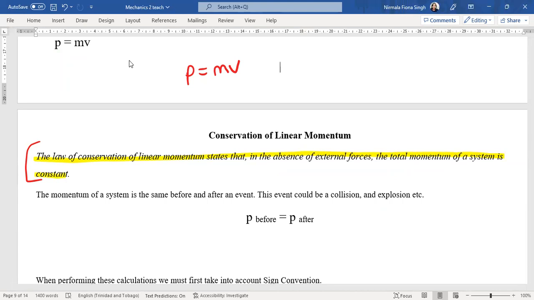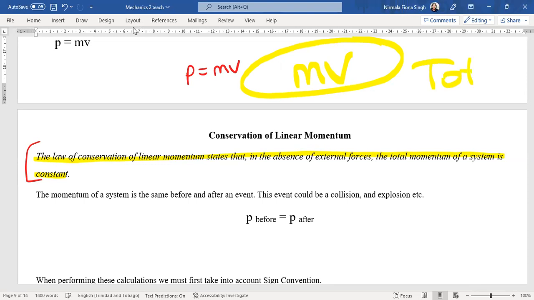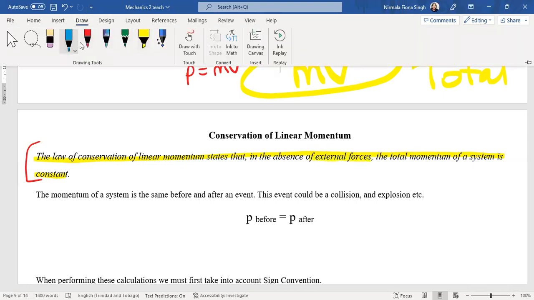So the law of conservation of linear momentum states that in the absence of external forces, the total momentum of a system is constant, meaning the total momentum of a system, which is mass by velocity, remains constant. So that means you can add and subtract the numbers as long as we don't have external forces acting. What are some of the external forces that act on a system that's going to affect this momentum?